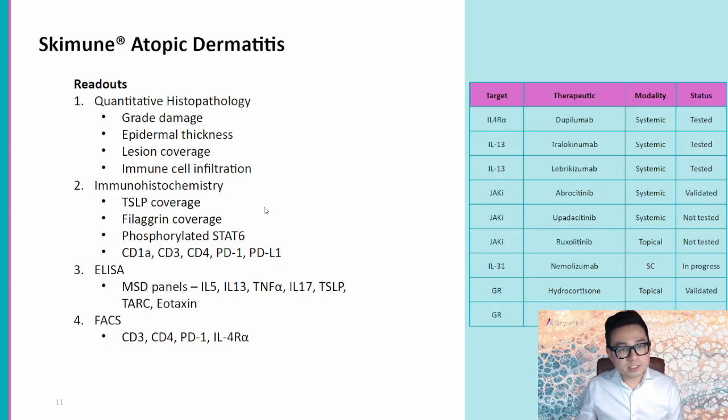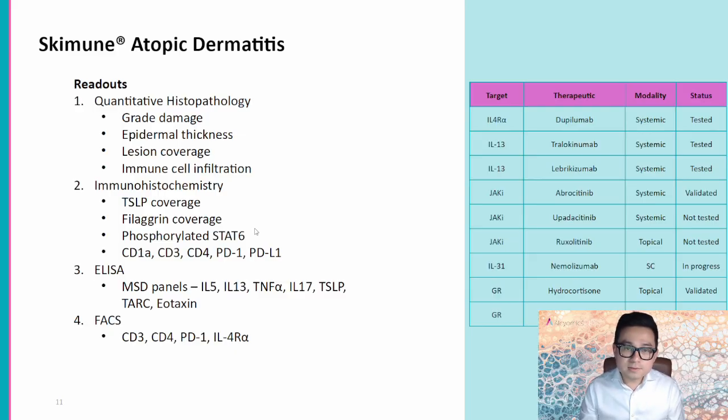For immunohistochemistry, we can have TSLP coverage, filaggrin, phosphorylated STAT6, CD1A, CD3, CD4, PD1, PDL1 are all detectable within this assay to some degree. And ELISAs by MSD panels such as against IL-5, IL-13, TNF, IL-17, TSLP, TARC, eotaxin, and any of the other ones we mentioned earlier.